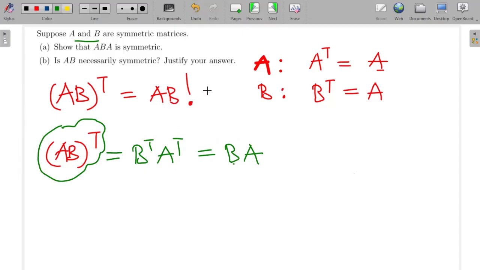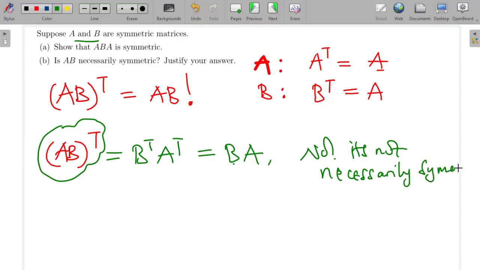It's not equal to this. So is AB necessarily symmetric? We're going to say no. It's not necessarily symmetric.